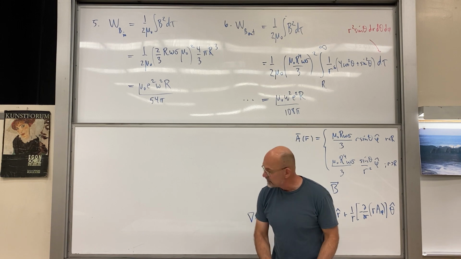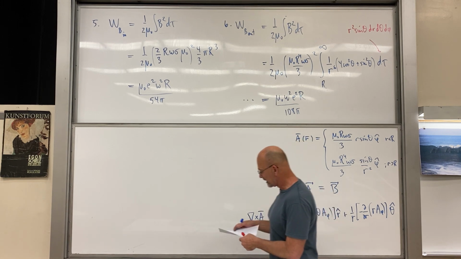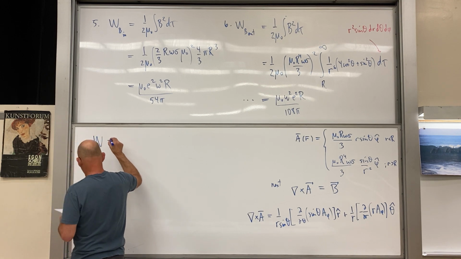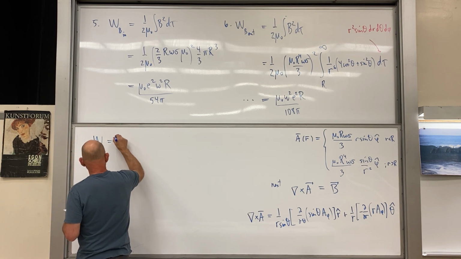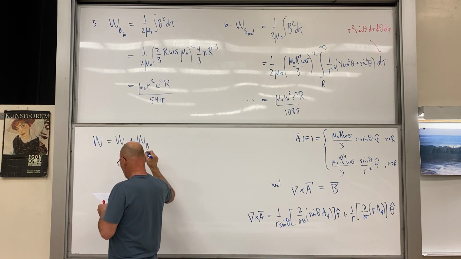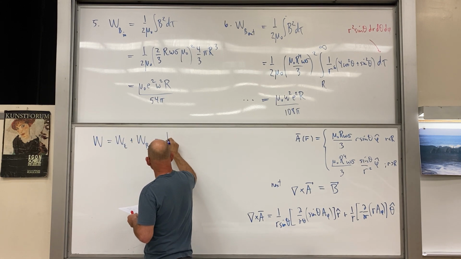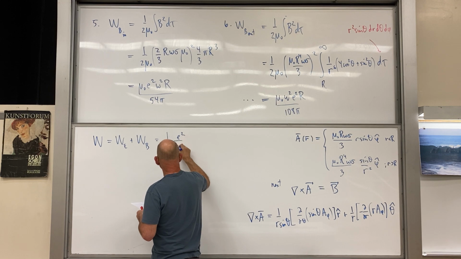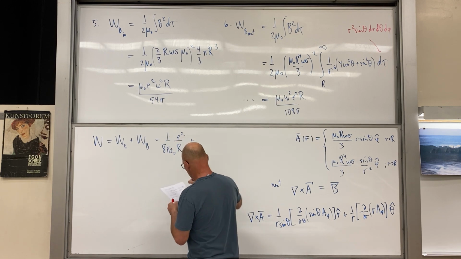I'll put the total energy up because enough of it is visible. So now the total energy in the fields, which is the electrical plus magnetic. Electrical is 1 over that 8 pi epsilon naught E squared over R that we had. That one was easy.